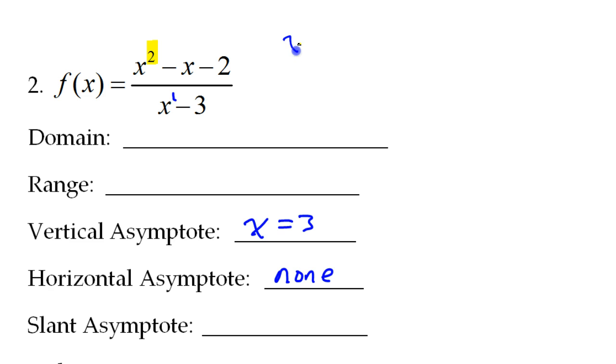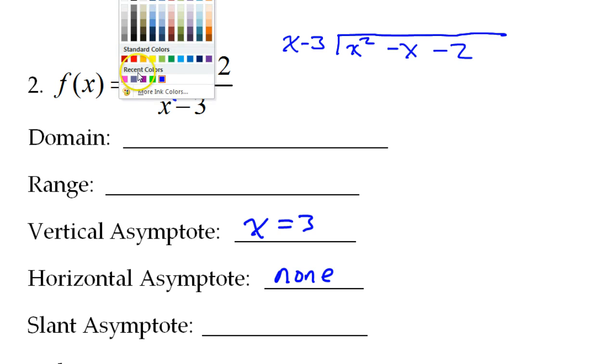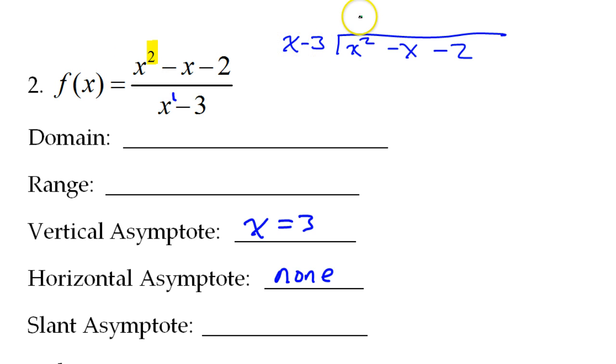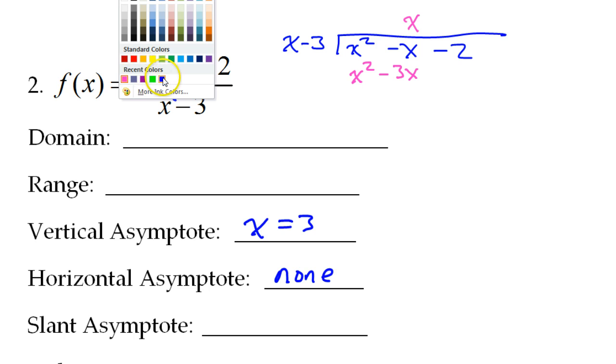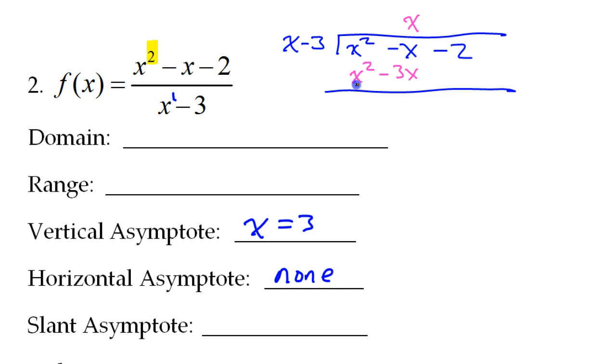So we will do x minus 3 divided into x squared minus x minus 2. Okay, so x times x would give me x squared. Meanwhile x times negative 3 is negative 3x. Now we subtract by changing the signs.